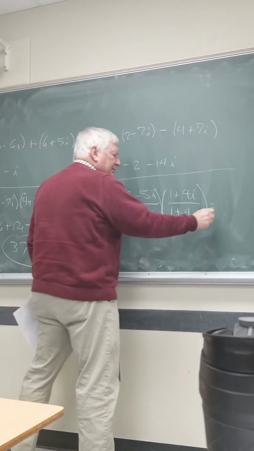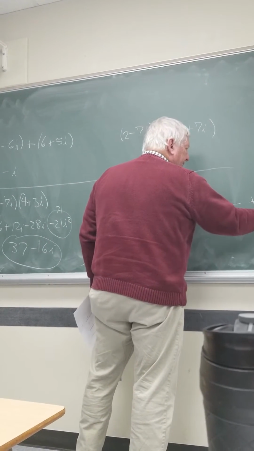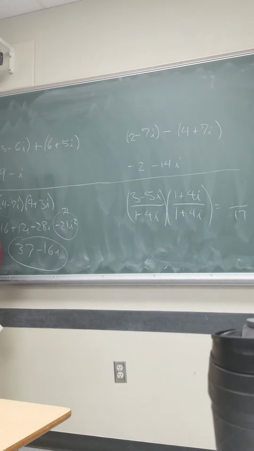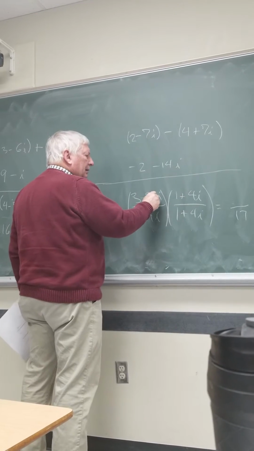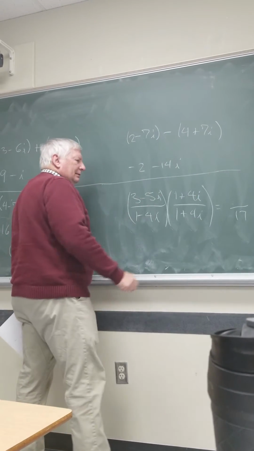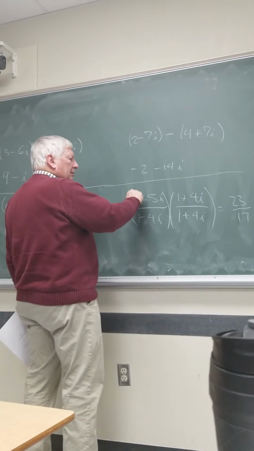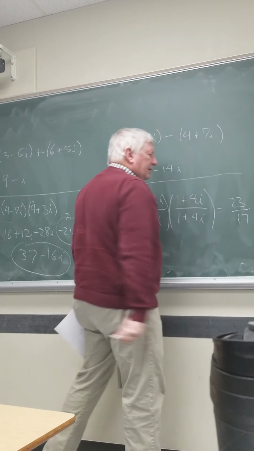Denominator gives us 17. Numerator, the real number part, 3 plus 20, 23. Imaginary part, 12 minus 5, 7.